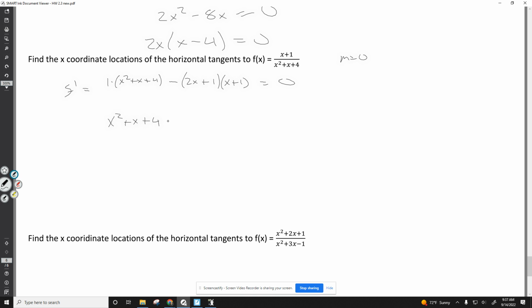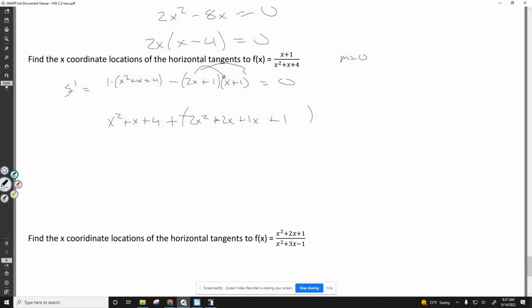There's two things you could do. You could distribute this negative into one of these, or you just say, minus whatever we have here. And what we have here, we can find by distributing. So I'm going to leave that minus sign there. I'm going to distribute it in later. So I have 2x squared plus 2x, plus 1x plus 1.